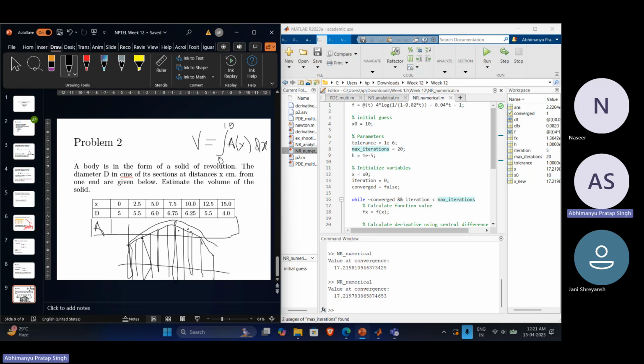So we are doing regression first, then integration. The one way is what we are doing right now, just directly calculate the areas and use the trapezoidal rule. Another way is to do interpolation between the points, then use the trapezoidal rule. And the final way is to use a regression model to fit a curve through this data, and then use that regression model to calculate the area, right?